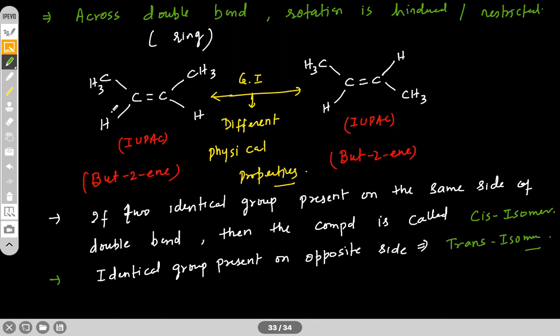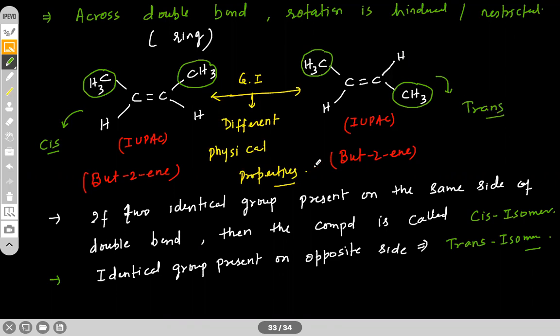So you see the two identical groups present on the same side, so it is cis isomer. And in this one, the identical groups are present on the opposite side, so this is trans isomer.